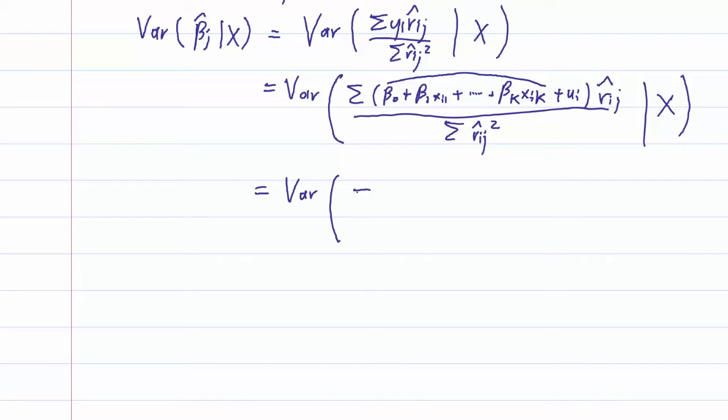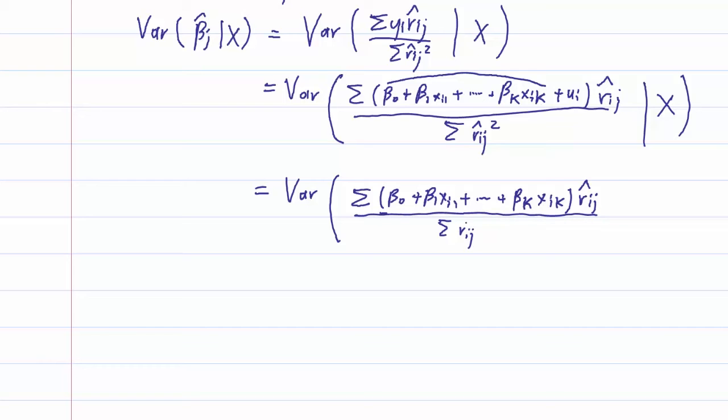Variance of the sum of beta 0 plus beta 1 xi1 plus etc. plus beta k xik times rij hat over the sum of rij hat squared, plus the sum of the ui's rij hat over the sum of rij hat squared.